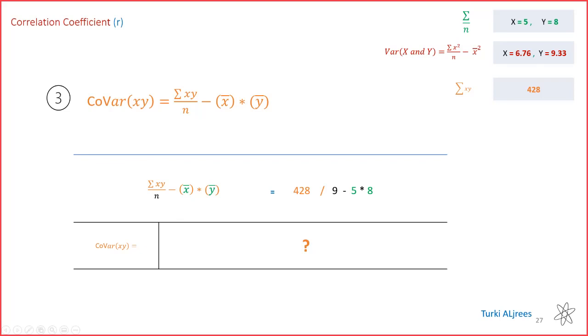Sigma xy is adding all these together. Our n is still n. Our mean of x we worked out before was 5. Sticking all these figures into your calculator, it will give you this answer.